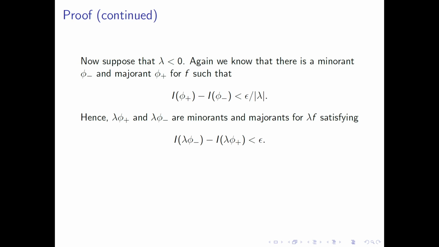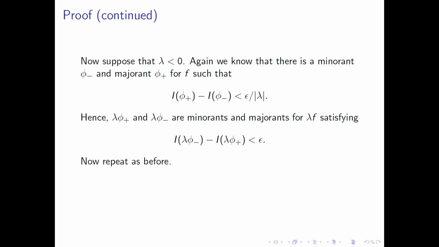When you scale through by lambda, because I'm now multiplying through by something negative, although phi minus was a minorant for f, lambda times phi minus now becomes a majorant for lambda times f. The inequalities have flipped because I've multiplied through by a negative number. So lambda phi plus is now a minorant, and lambda phi minus is now a majorant. Their integrals differ by at most epsilon, and so we're done.